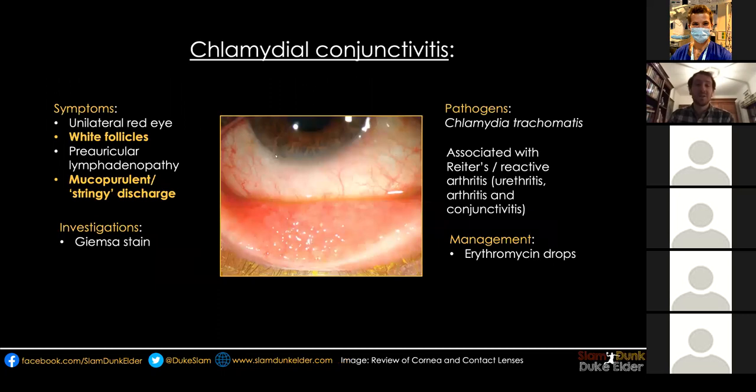So a couple of other infective conditions here. So this is taken from my other talk on infectious diseases, chlamydial conjunctivitis. So ophthalmia neonatorum. So this is conjunctivitis within the first 28 days.